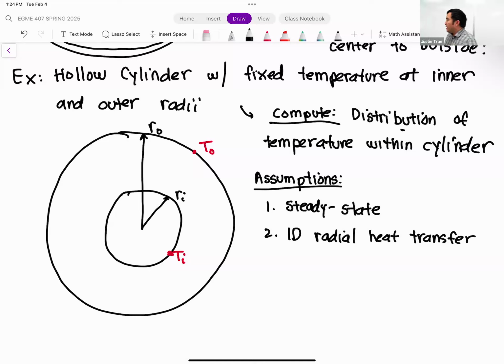All right, the second assumption we're going to make is that our heat transfer here is going to be one-dimensional in the radial direction.